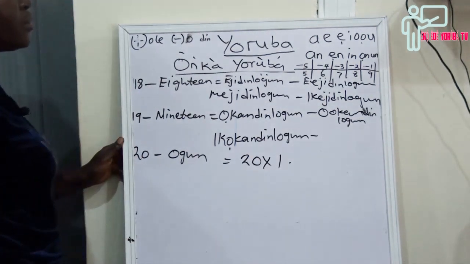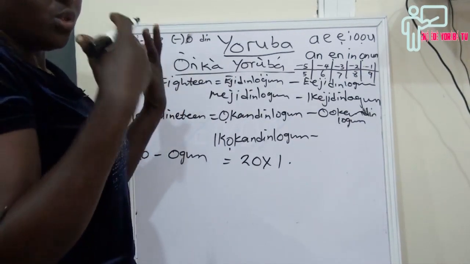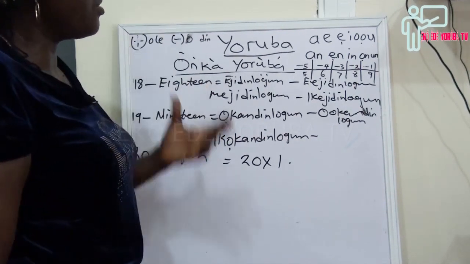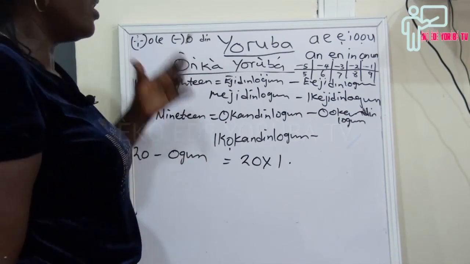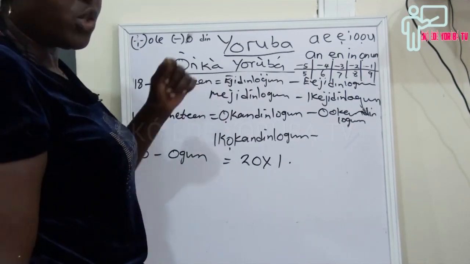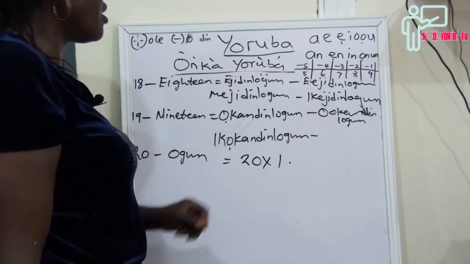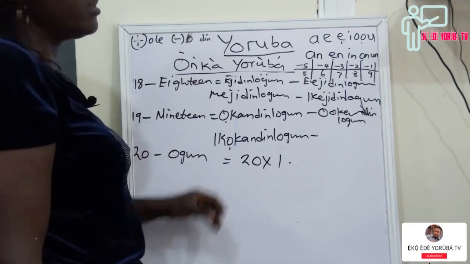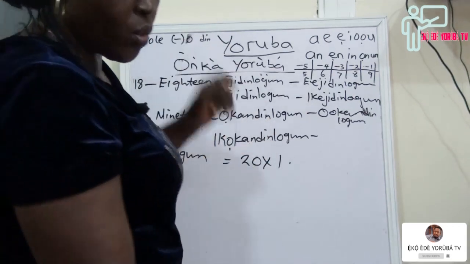So we want to read it together before I rub it now. 1 ọ̀kan, 2 èjì, 3 ẹ̀ta, 4 ẹ̀rin, 5 àrún, 6 ẹ̀fà, 7 èje, 8 ẹ̀jọ, 9 ẹ̀sán, 10 ẹ̀wá, 11 mọ́kànlá, 12 èjìlá, 13 ẹ̀tàlá, 14 ẹ̀rìnlá, 15 àrúndínlógún, 16 ẹ̀rìndínlógún, 17 ẹ̀tàdínlógún, 18 èjìdínlógún, 19 ọ̀kàndínlógún, 20 ogún.